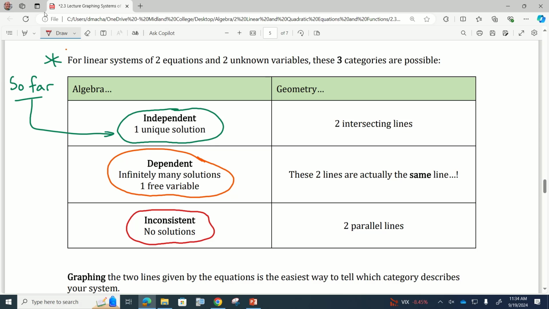That means they're going to have the same slope, but they're going to be spaced a little bit apart. And if they've got the same slope and they're parallel lines, they're never going to intersect each other. And if they don't intersect, there's no point of intersection, and there can be no solution to your system of equations. And so we'll also see an example of this today.